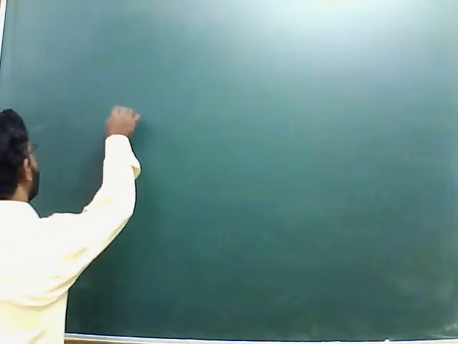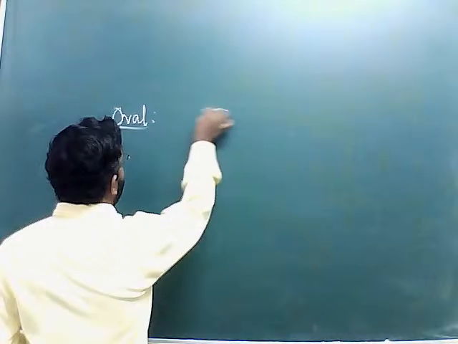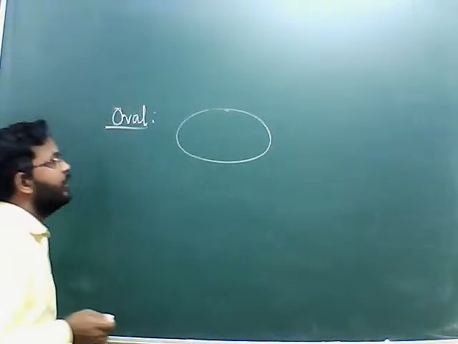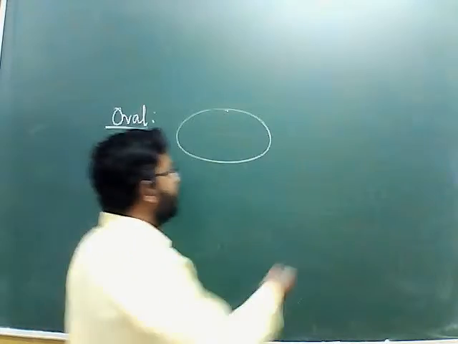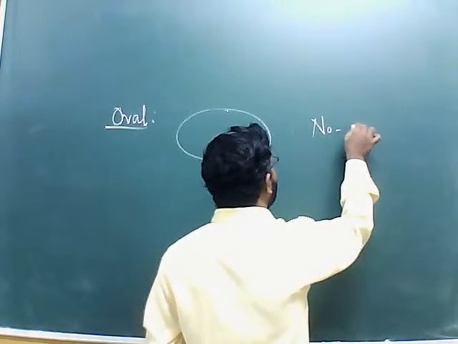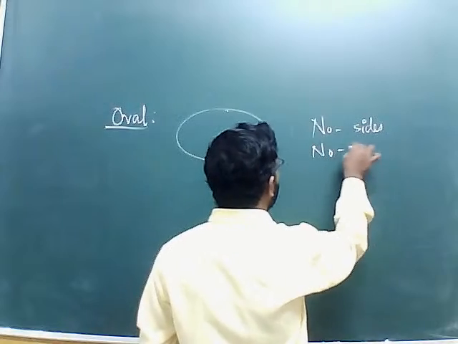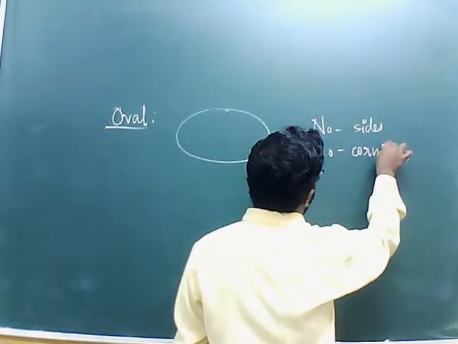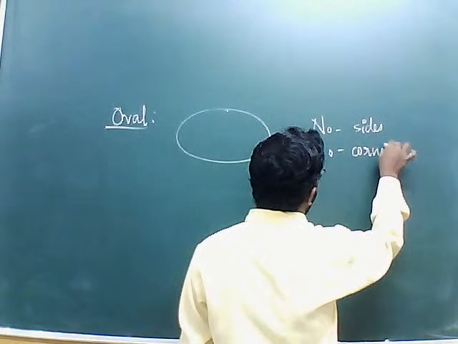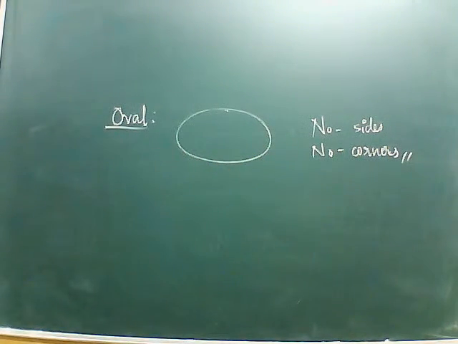The last shape left out is the oval shape. In oval also, we will not have any sides and any corners.